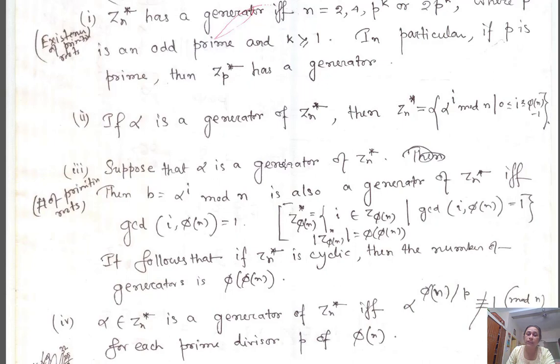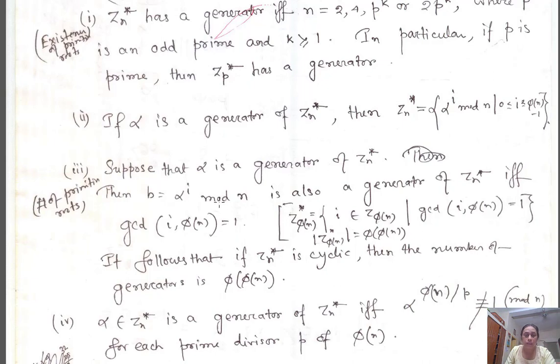If alpha is a generator of Zn star, then alpha to the power i modulo n is also a generator, provided i and phi n are co-prime. So how many generators can Zn star have? Phi of phi n. Why?